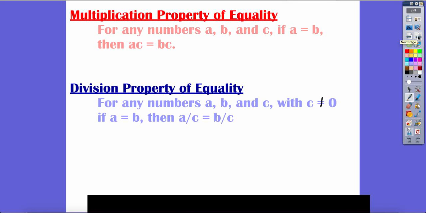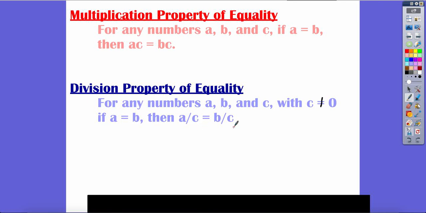Similar to the movie you watched on addition and subtraction, for any numbers A, B, and C, if A equals B, then I can multiply the same number to both sides of my equation and I'm not going to change it. Similarly with the division property, for any numbers A, B, and C, with C not equal to 0, because I can't divide by 0, if A equals B, then I am able to divide.